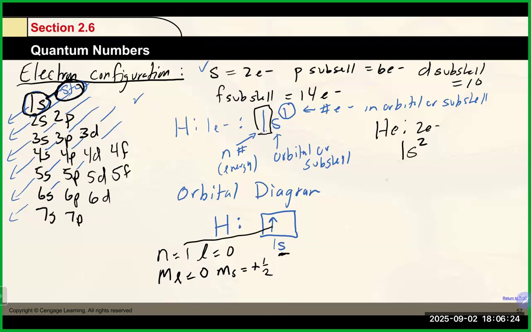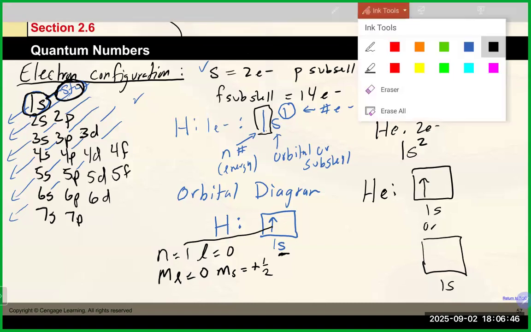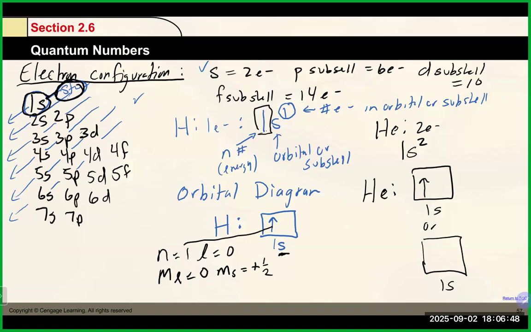And we have a couple of options when it comes to our orbital diagram here, right? We could put our first electron in like normal. And then for our second electron, we could do it one of two ways.